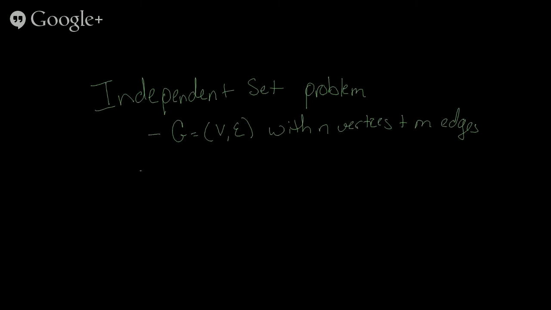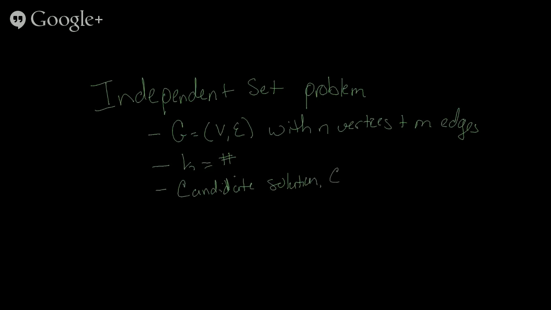So that's what we gave them. We also know the K that we gave them, K equals some number, and then we have their candidate solution, which we're going to call C.